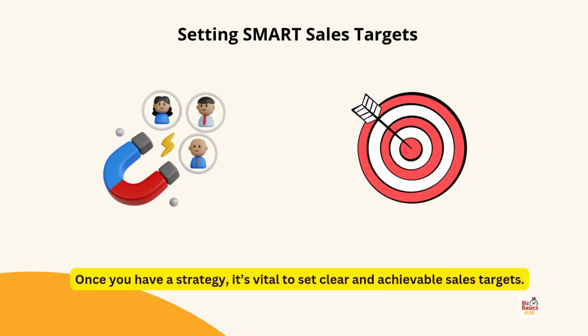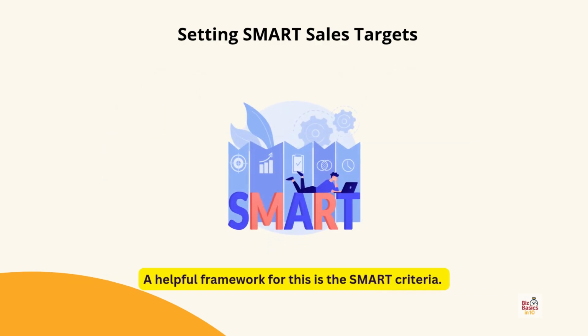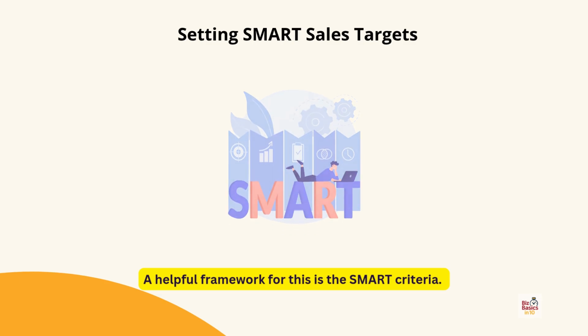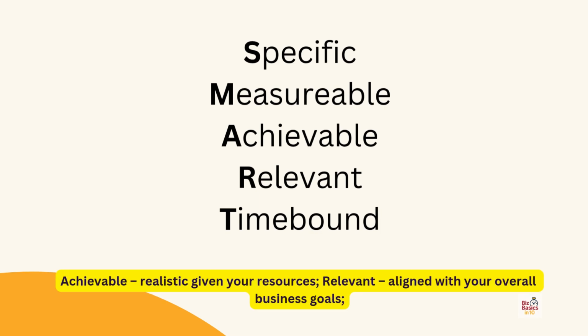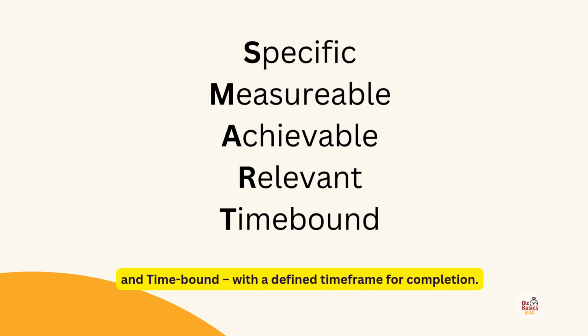Once you have a strategy, it's vital to set clear and achievable sales targets. A helpful framework for this is the SMART criteria. Your targets should be specific, clearly defined, measurable, you can track progress, achievable, realistic given your resources, relevant, aligned with your overall business goals, and time-bound with a defined time frame for completion.